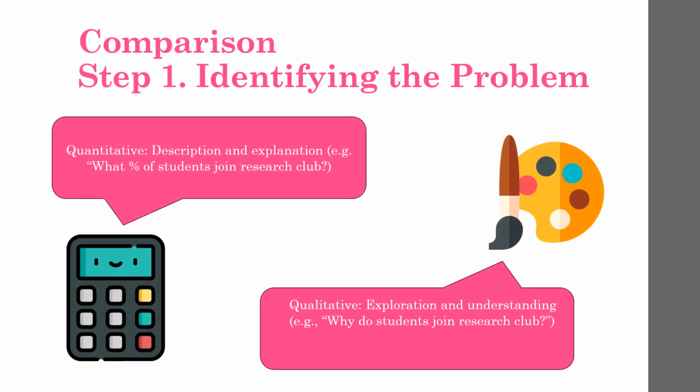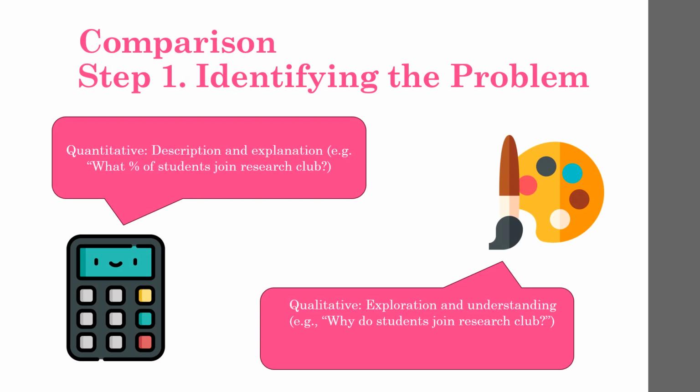Let's have a comparison. In step one, the research process will always start with identifying the problem. The problem here could be seen in two ways or two lenses. First, if you are a quantitative researcher, you are thinking about a problem in terms of description and explanation.